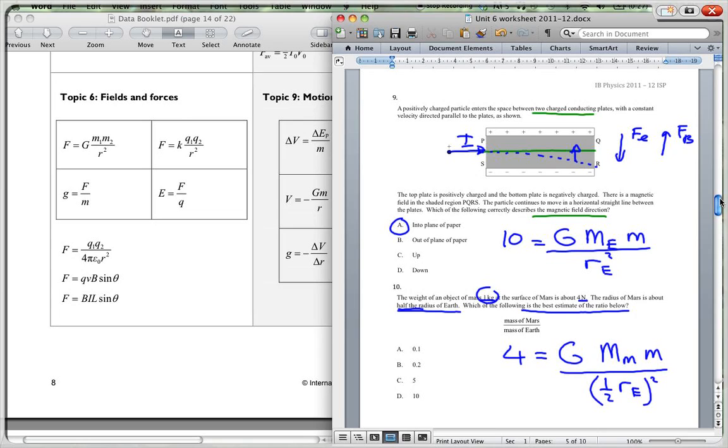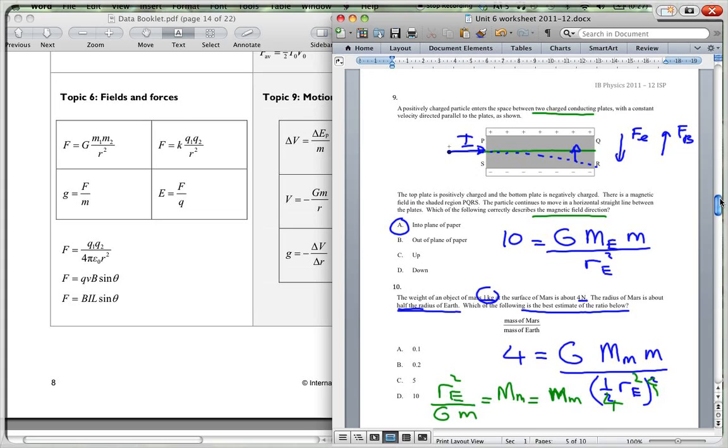So the mass of Mars, this will actually be a half, and you're going to square it, so it's going to be a quarter r squared. So we're going to cross multiply here, so 4 times a quarter is going to cancel out. We're going to get r e squared divided by big G, and that's going to equal the mass of Mars.